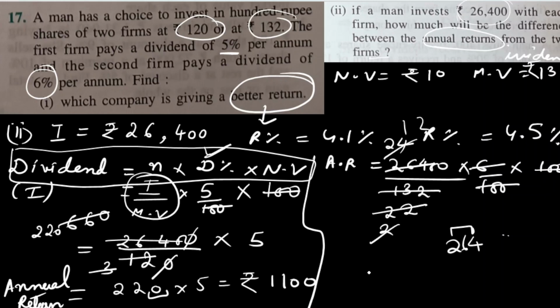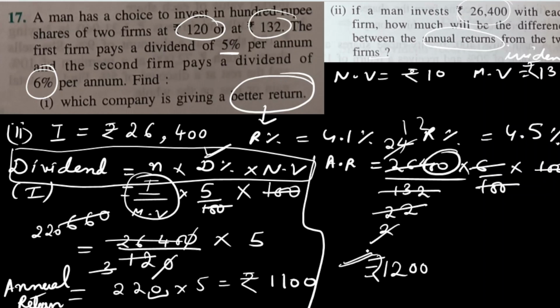So what is the annual return? Here I am getting 12 and these two zeros, so 1200. Cancellations anyway you can do. Here I am giving small hints so that you can make your calculations a little easy and save a lot of time also. Now you can see what difference they have asked.